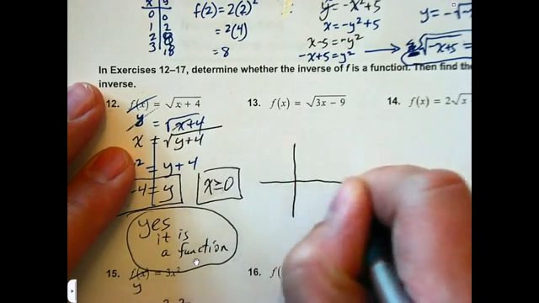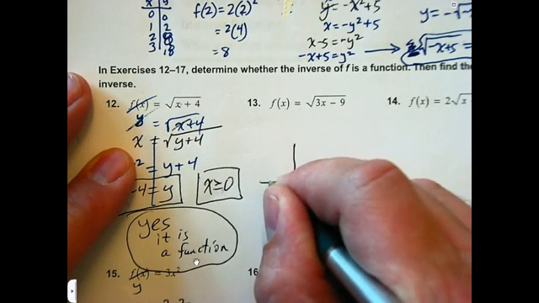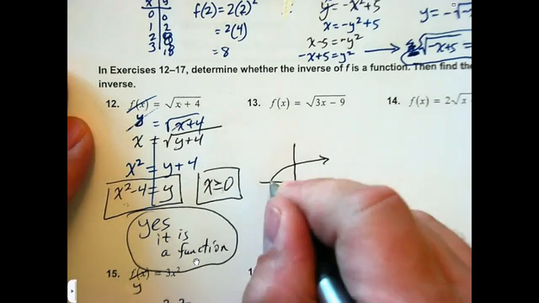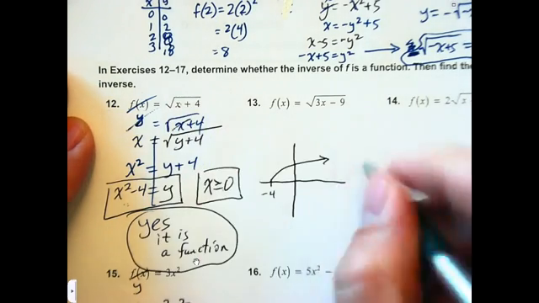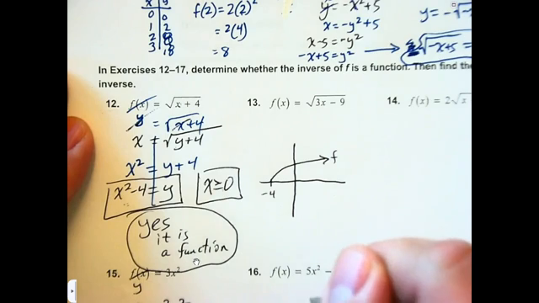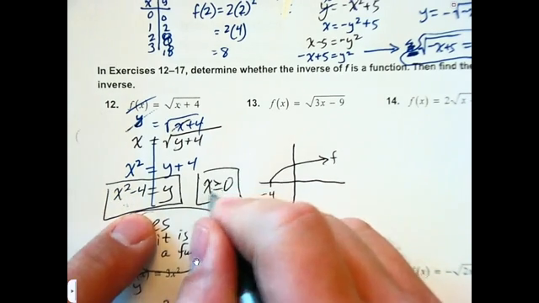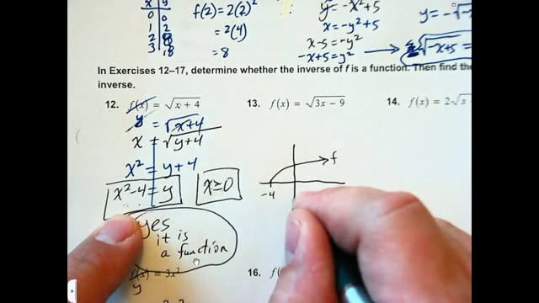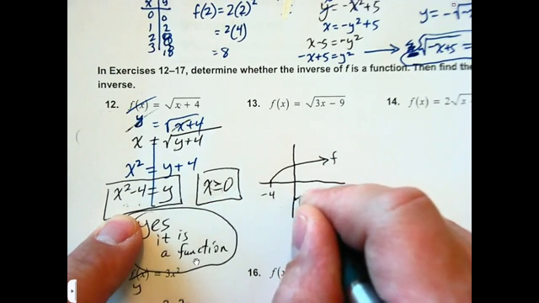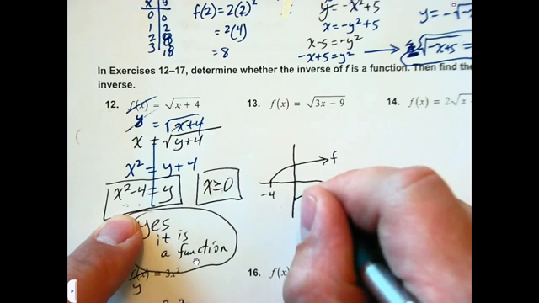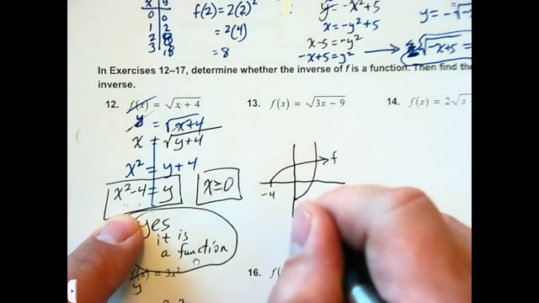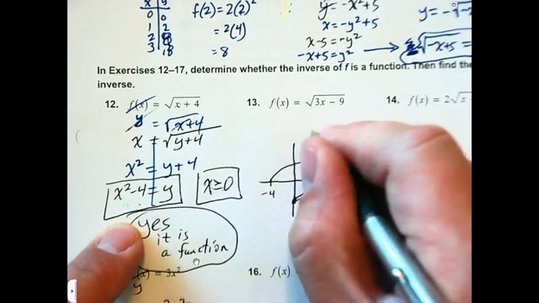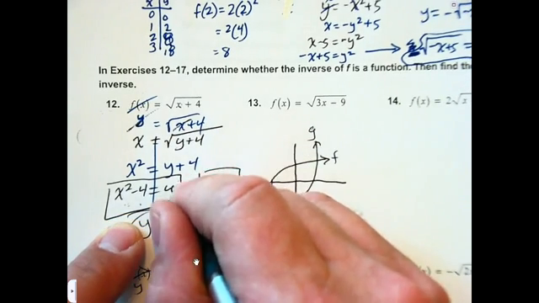This graph right here starts out here at -4. That's the graph of f. So the graph of this right here is actually going to start over here. It's not an amazing picture, but it'll do. That's the graph of g, if we call this one g of x.